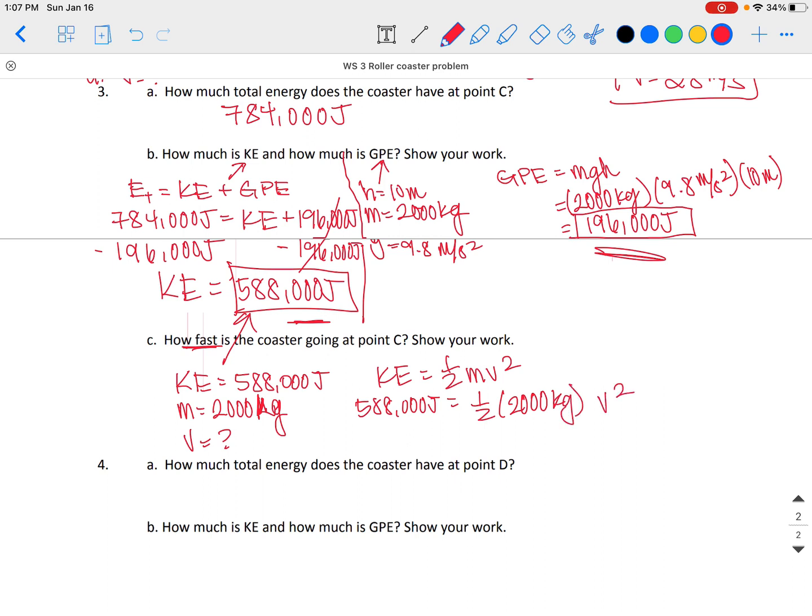We're going to do the same thing. We divide by 1,000 because we know 1/2 of 2,000 is 1,000. This cancels out.